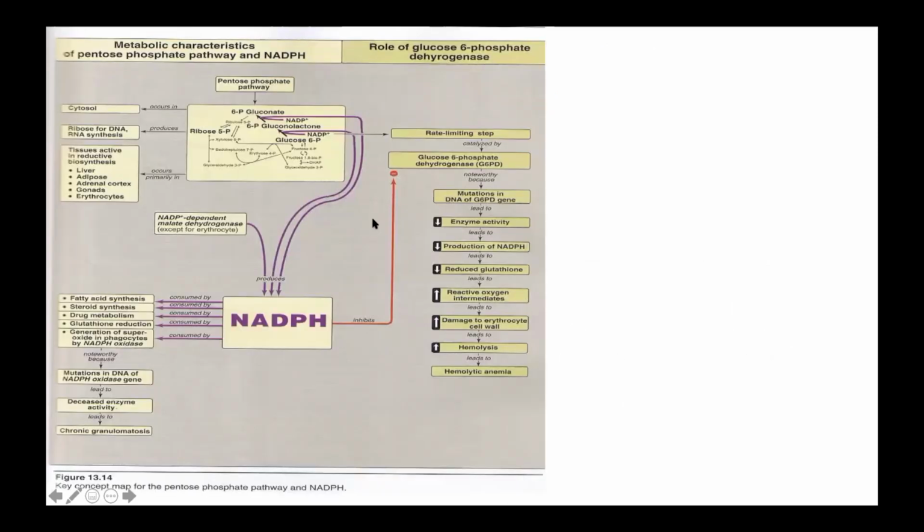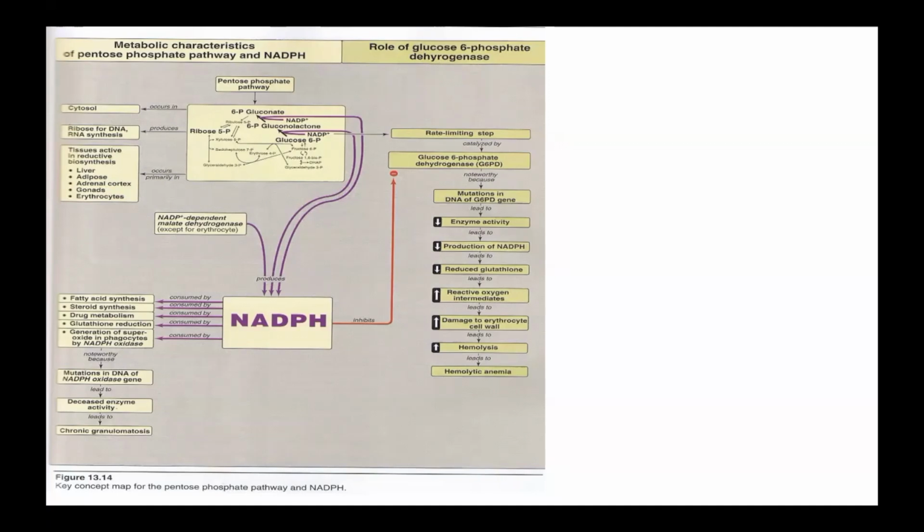Now, I just want to check if everyone understands before we end with the last slides. If there is one product of the pentose phosphate pathway that I want everyone to bring home with them, what product is that? Look at this slide. What is the biggest here? This is one of my major take-home messages.